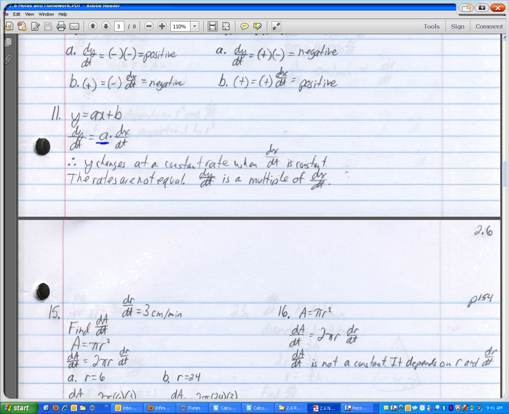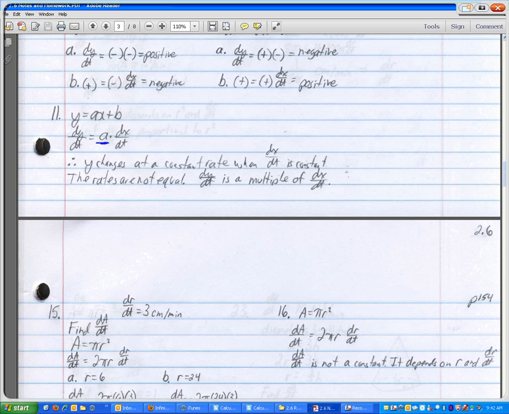Because what I was saying before when I was wrong, I was forgetting that they told us that x, how do they say it? If x changes at a constant rate. So x is changing at a rate. That means x is not just the variable, is it? So I temporarily forgot that.